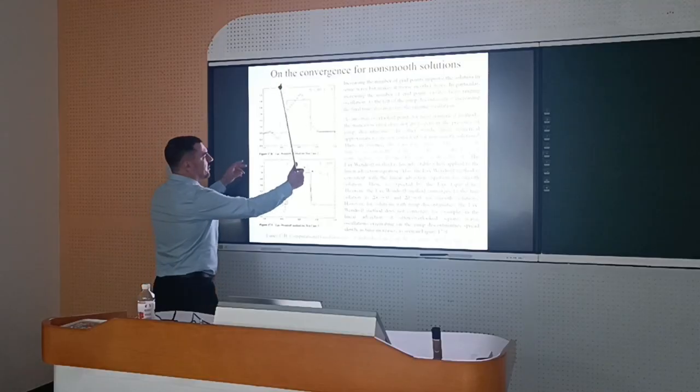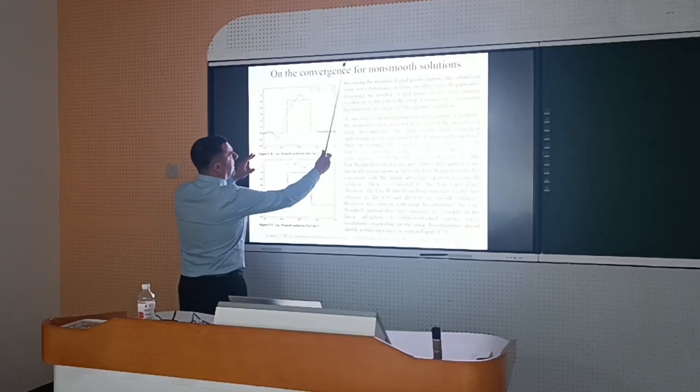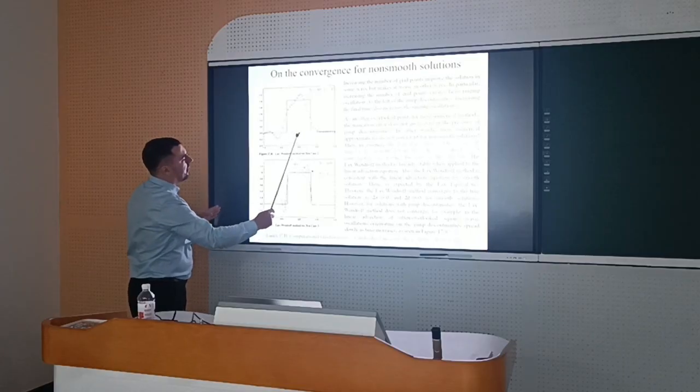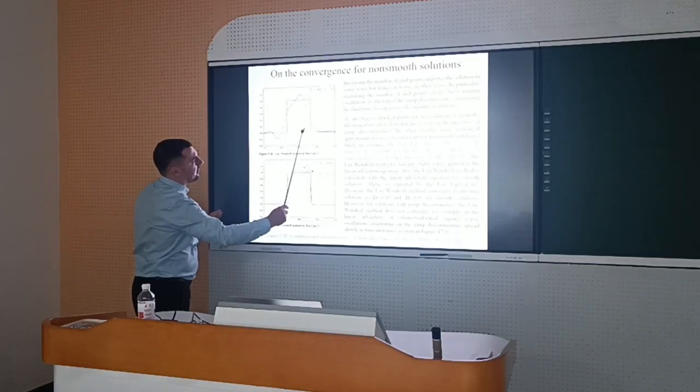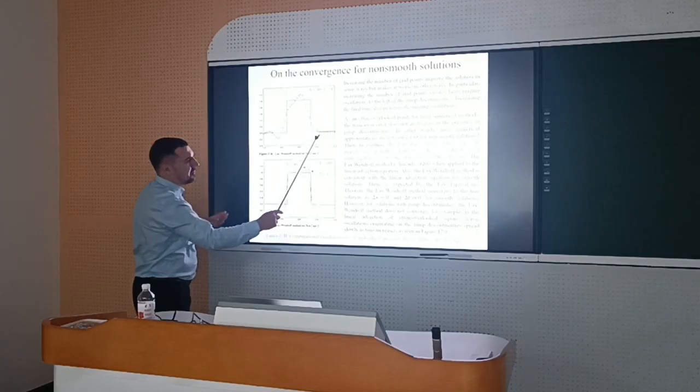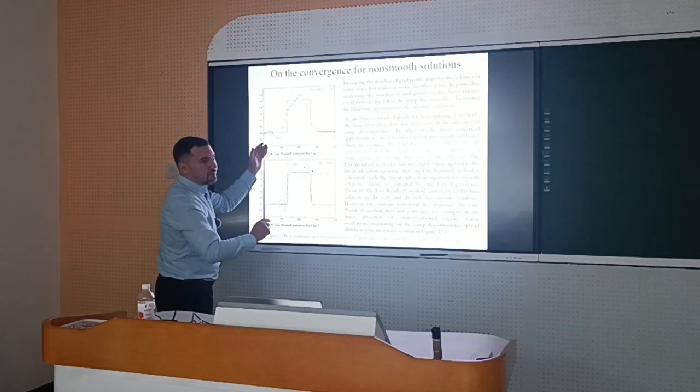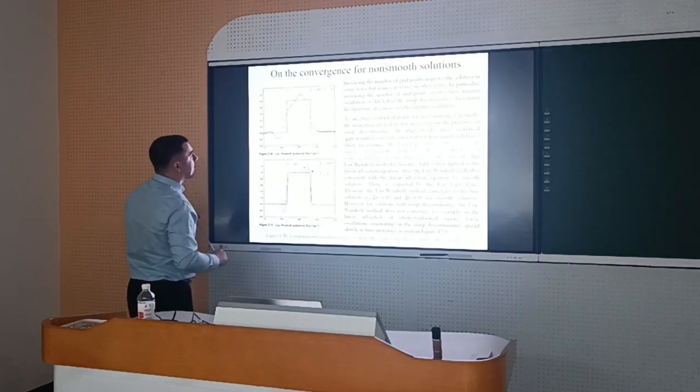The interval was from -1 to 1, and he used a periodic boundary condition. It means that your solution leaves your computational domain at the right boundary and enters in the same form from the left. So it's a periodic boundary condition.